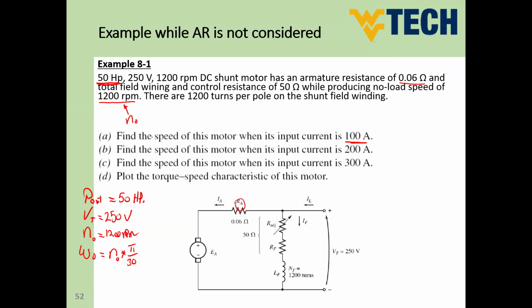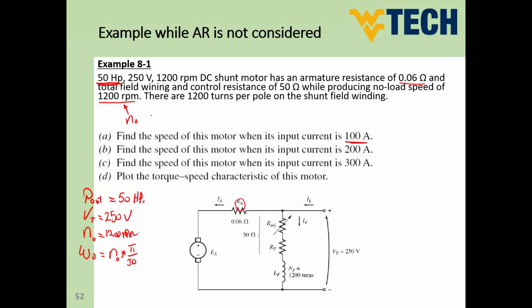However, he asks here to find the motor speed at 100 ampere. So this is a load current, which means for sure the calculated speed should be, guys, less than 1200 RPM or higher than 1200 RPM? Yes, correct. It has to be less than 1200 RPM.